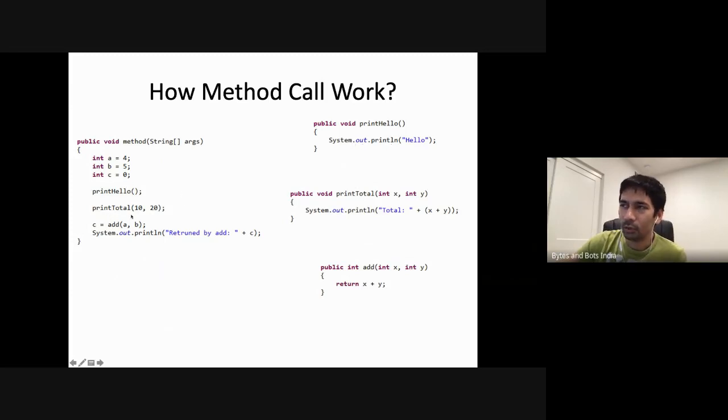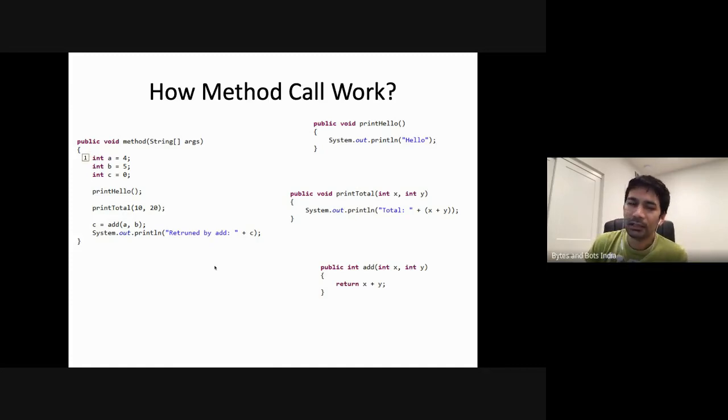The next is print total, which takes two parameters, 10 and 20, and in this case it'll call this method here, which is print total, and it just prints the total of x and y. Whereas third is a method called add, takes x and y parameter and returns the result in C, and then we can print the result as C, right? So we look at this one method which is calling three different methods, and how does that work internally? How does Java know where to go and run what?